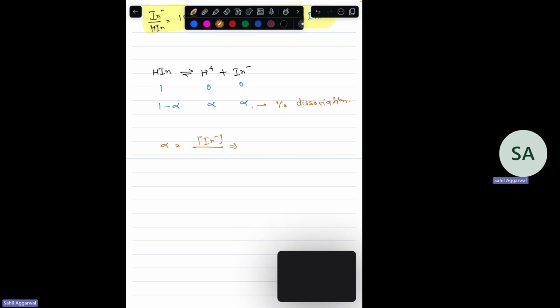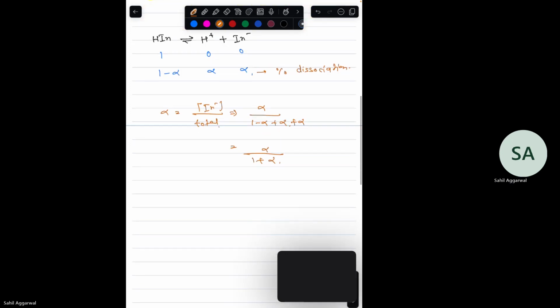IN divided by total, I would say, that will give you the percentage. So IN is alpha, total is 1 minus alpha plus alpha plus alpha, that would be alpha upon 1 plus alpha. Understood? This I would say percentage dissociation.